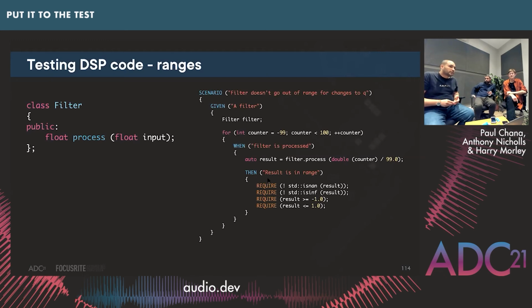One thing that we've done is test the general output of the filter: if you feed it white noise and then do your Fourier transform on the output, you can look at what frequency bins you get and whether you get a flat response, in which case the filter hasn't done anything. If your cutoff is at 2K and you haven't got any signal above 600 hertz, something's gone wrong. It goes back to wanting pragmatic tests that are going to be runnable in the future.